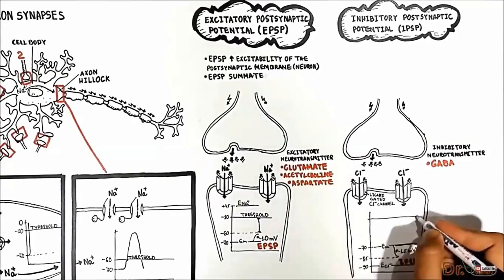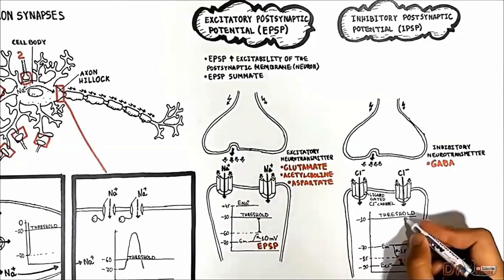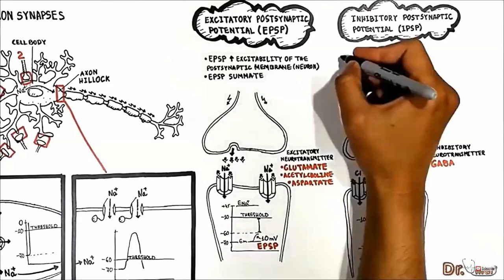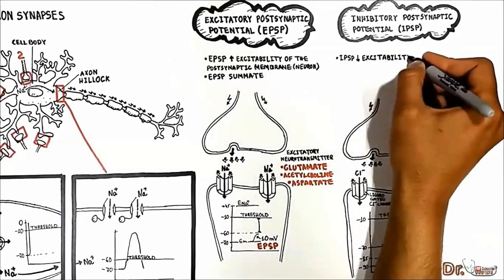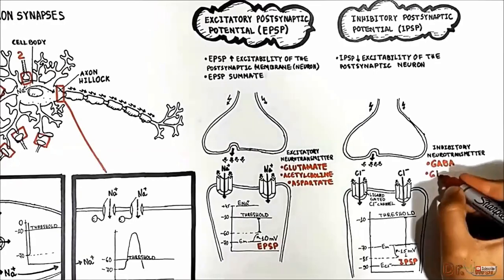Inhibitory postsynaptic potential takes the membrane potential away from threshold. This decreases the excitability of the postsynaptic neuron, making the neuron further from firing an action potential. In addition to GABA, inhibitory neurotransmitters include glycine.